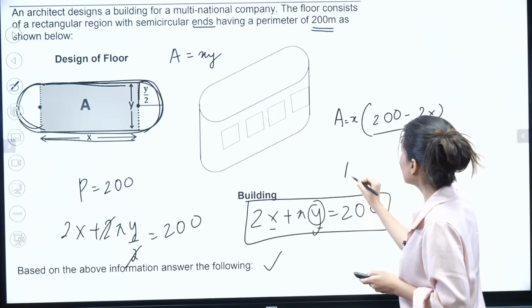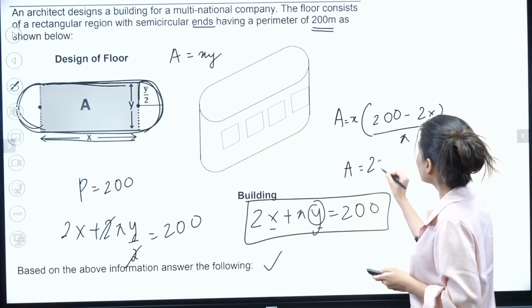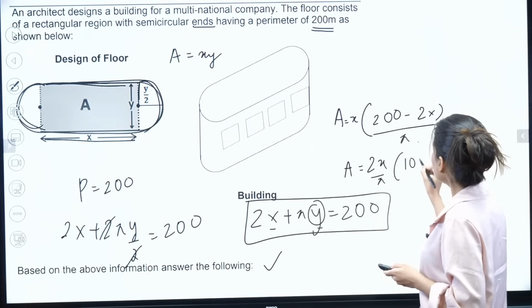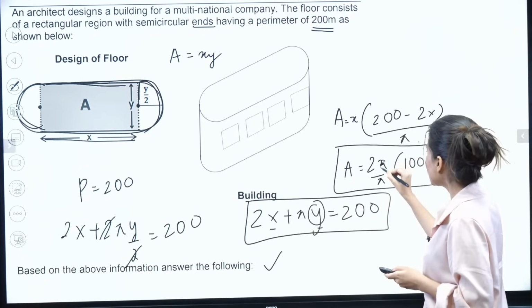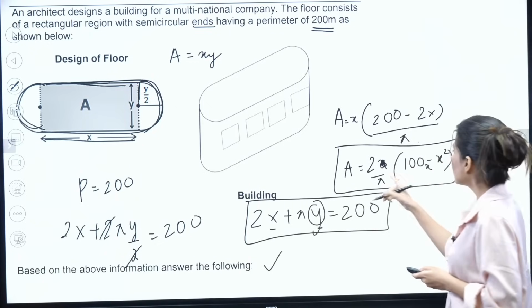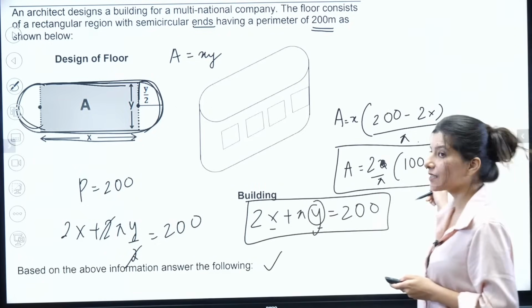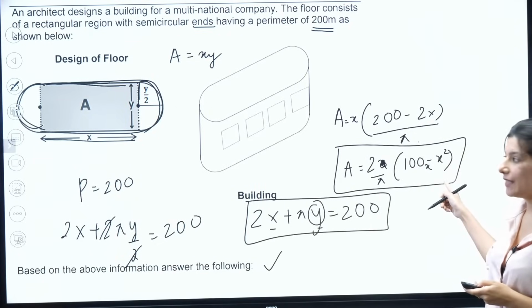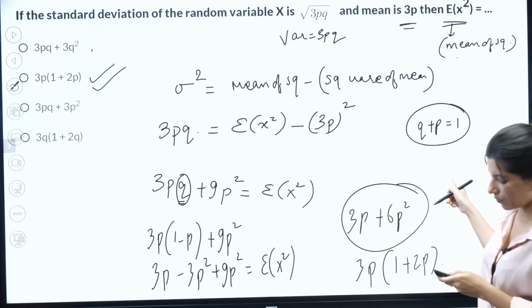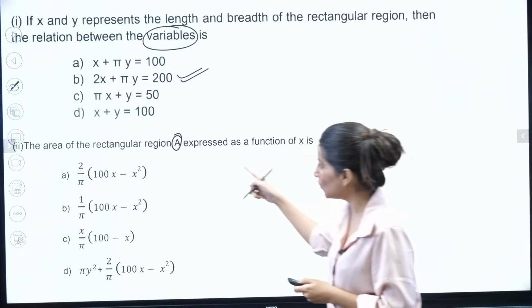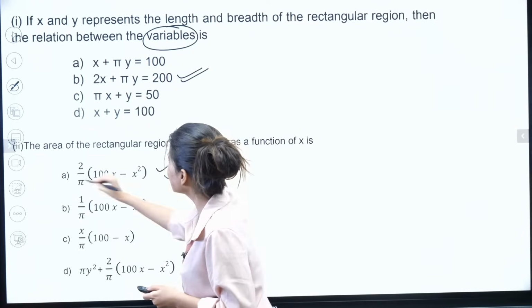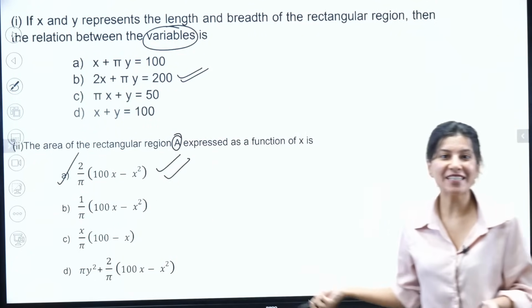Now 2 can be taken out. So this is 2x upon pi times (100 minus x). Or you can multiply this x right away: 2 by pi (100x minus x square). This is your area. Option A is absolutely matching.